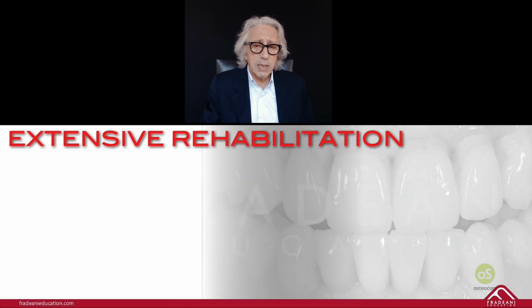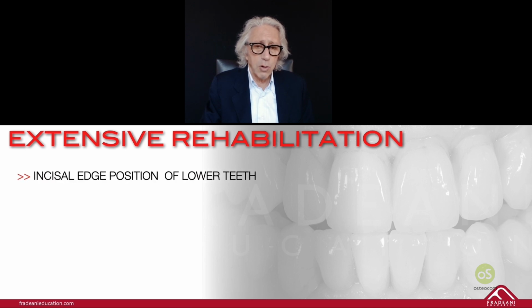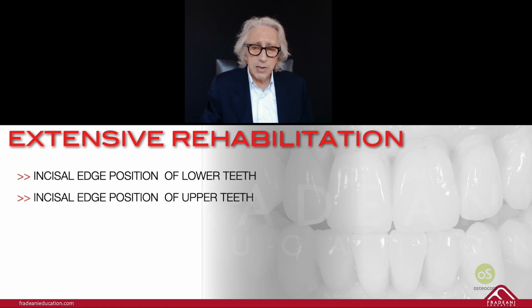So what we need to indicate to the dental technician to do this kind of workshop and to have the chance to optimize the level of the final work. First of all, we have to determine the incisal edge position of the upper and lower teeth. That's the first step. So first of all, the dental technician changes the anteriors according to what the dentist sent to him.